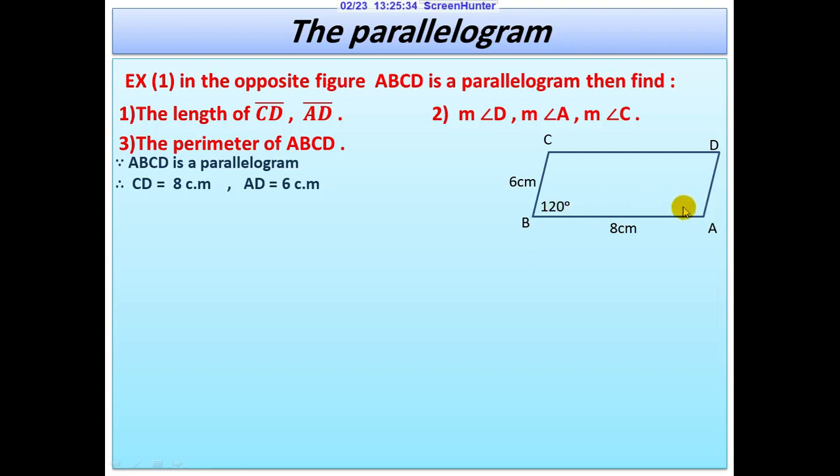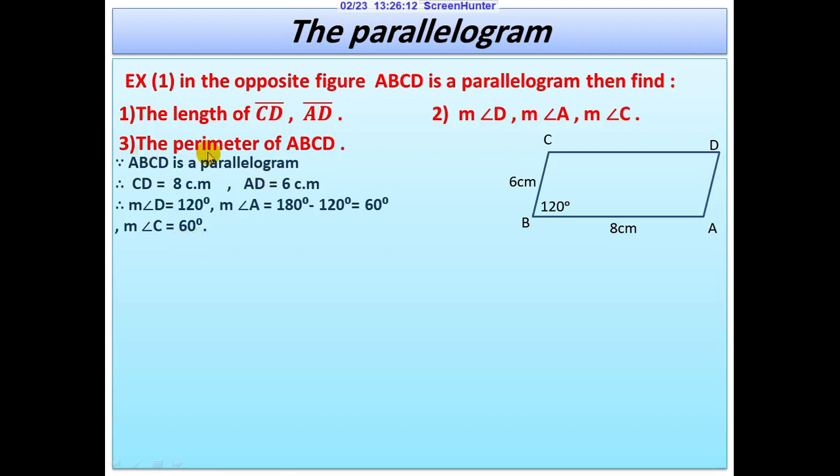Because A and B are two consecutive angles, their sum equals 180, so we subtract 120 from 180 to find the measure of angle A. And finally, the measure of angle C equals the measure of angle A, so it will also equal 60 degrees. How to write it? Like that. We can say, therefore, measure of angle D equals 120 degrees, measure of angle A equals 180 minus 120 equals 60 degrees, and finally, measure of angle C equals 60 degrees.